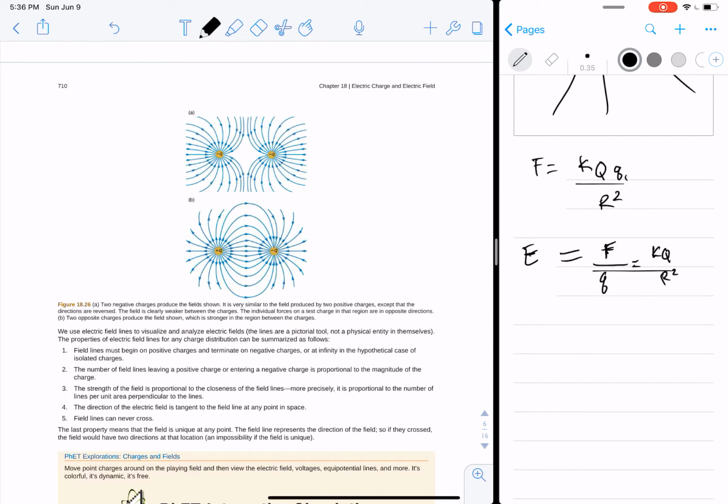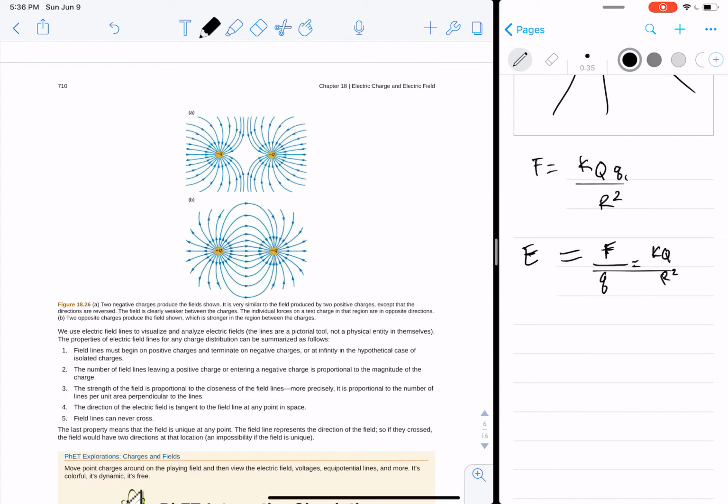Okay, so here's your rules, 1, 2, 3, 4, 5. Make sure you read these. The field lines that we're just talking about must begin on positive charges and end on negative charges. The number of field lines leaving a positive charge or entering a negative charge is proportional to the magnitude of the charge.